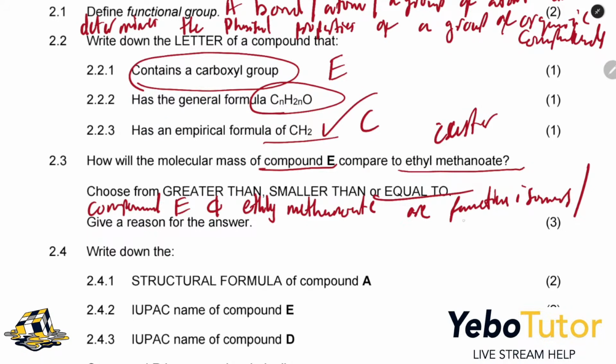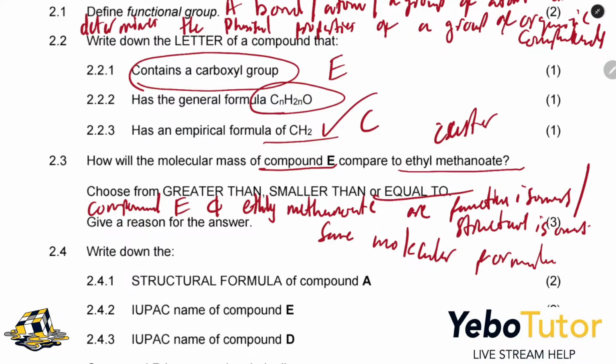Others could have said maybe they are structural isomers, which means that they have the same molecular formula, or the same number of atoms. Which atoms are we dealing with? We have the C, the hydrogen, and also oxygen. So they will be equal, because they're just isomers, and that makes our lives a bit easier.